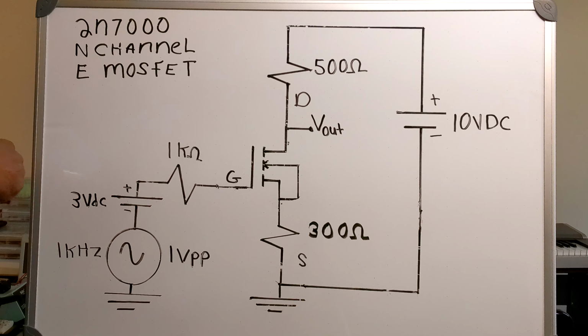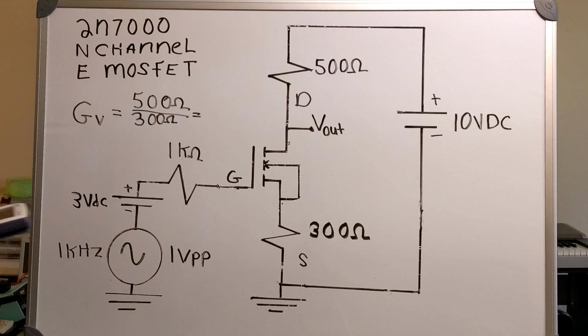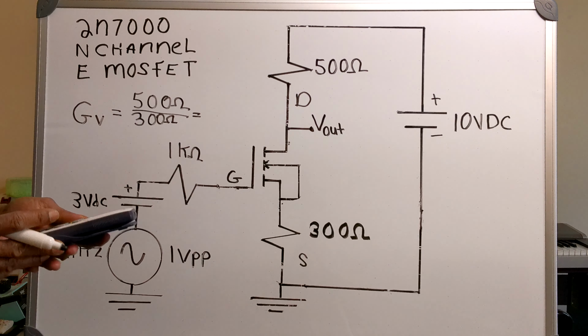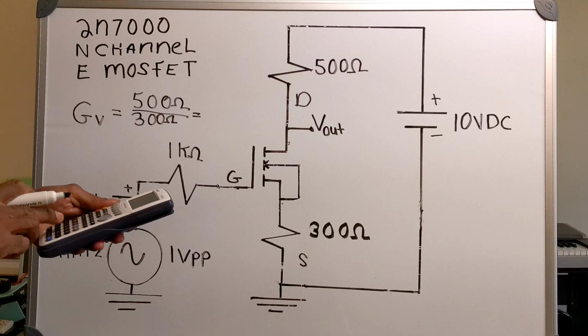And so I've got 500 ohms divided by 300 ohms. That gives me a voltage gain of 1.66.